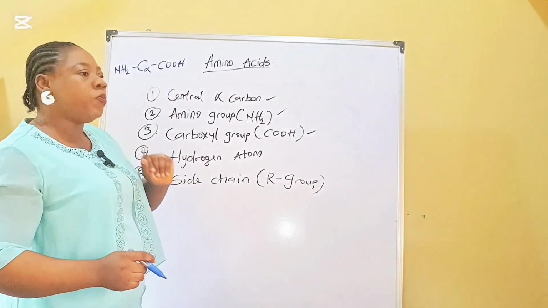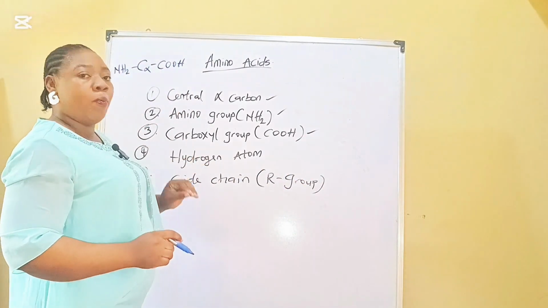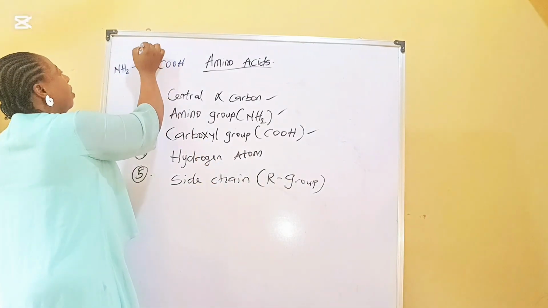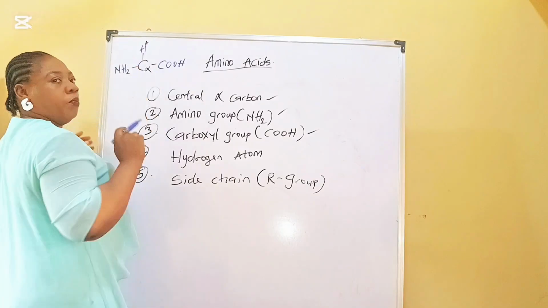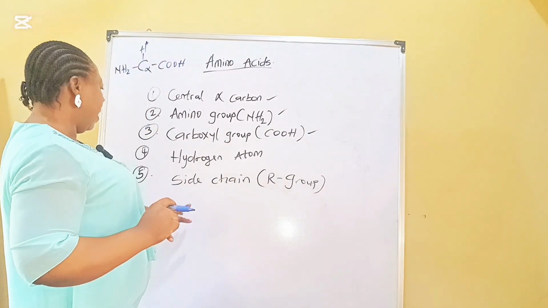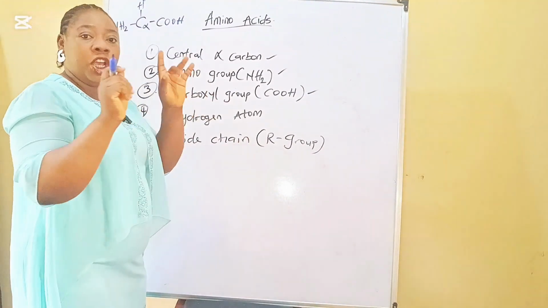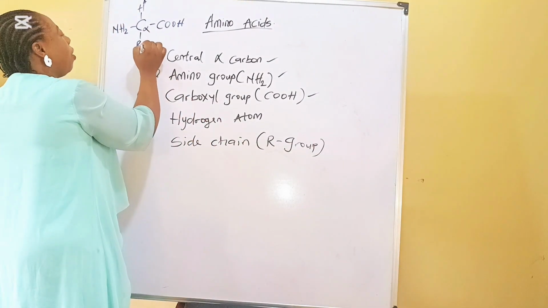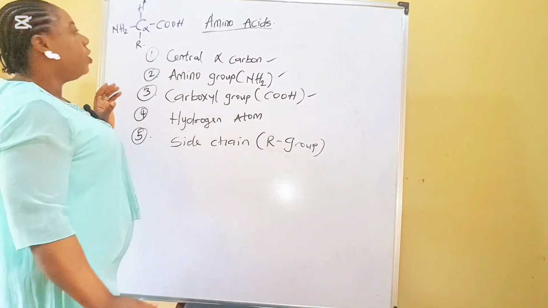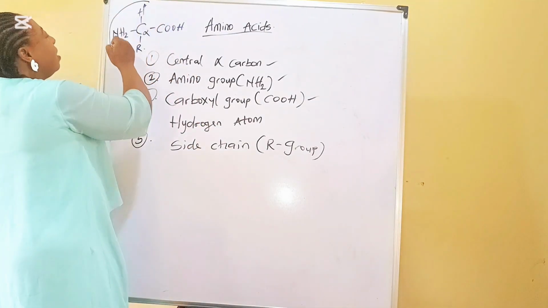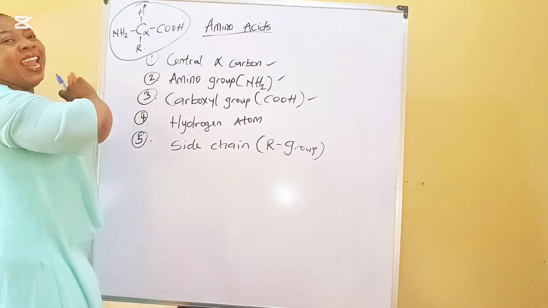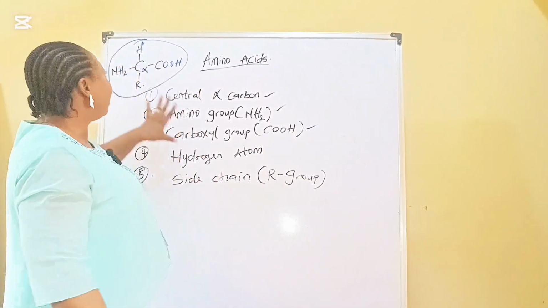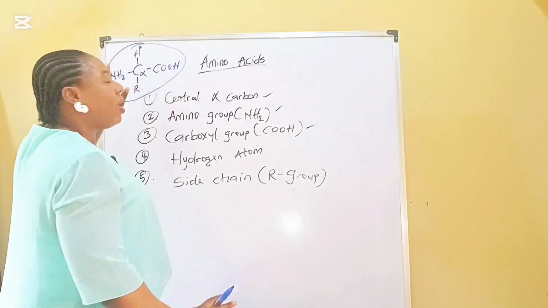Now we are done with this. We are left with two. Followed by the hydrogen atom, so we can put that one here. We have hydrogen there. Now, followed by the side chain, which is the R group. So here we now have the R group. This is just the general structure of any amino acid. Any amino acid that you see must look like this.